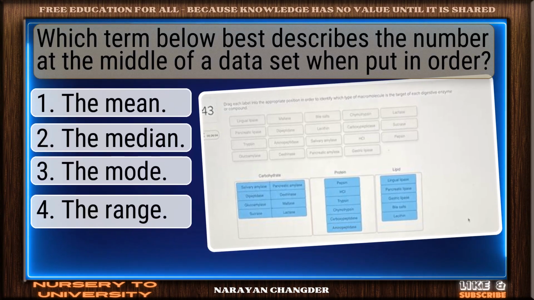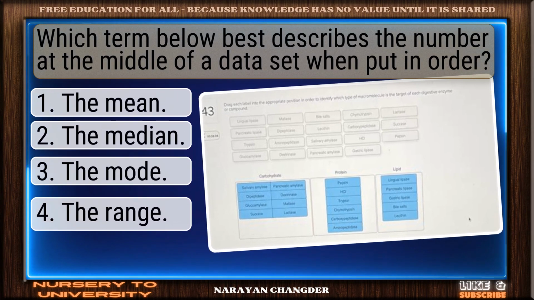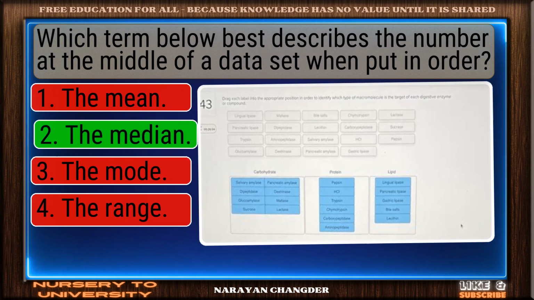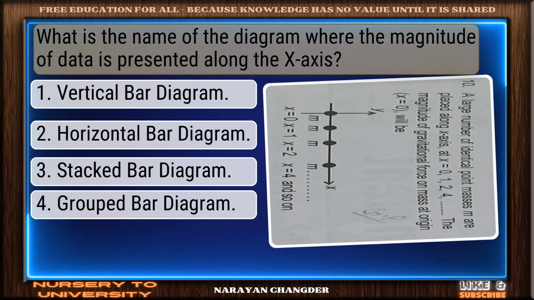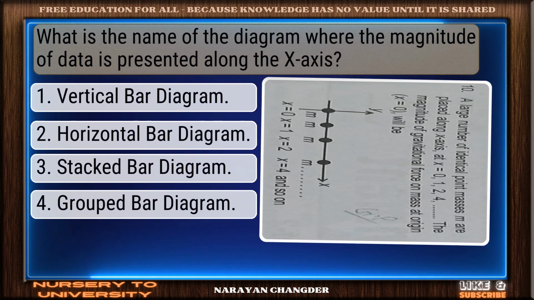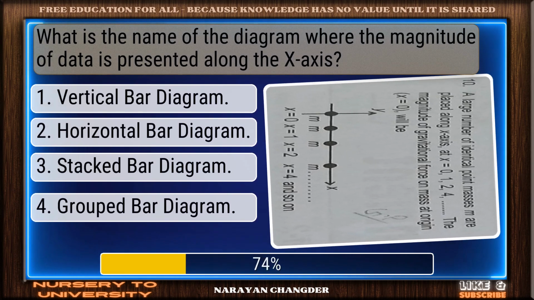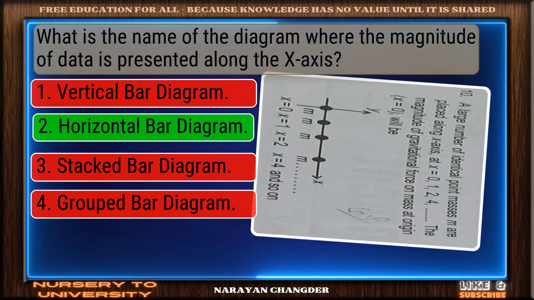Which term below best describes the number at the middle of a data set when put in order? Right choice. The median is best. What is the name of the diagram where the magnitude of data is presented along the x-axis? On track. Horizontal bar diagram is correct.